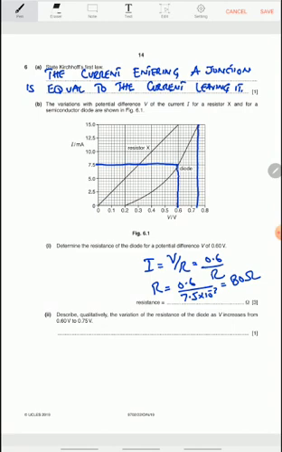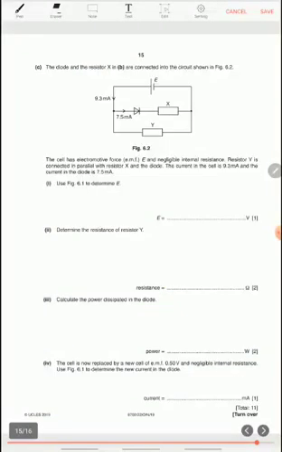The resistance is 50 ohms. Because he's asking for a qualitative analysis and not a quantitative analysis, we just have to say whether the resistance increases or decreases. Here, the resistance decreases. Now, switch off the pen and move to the next page.